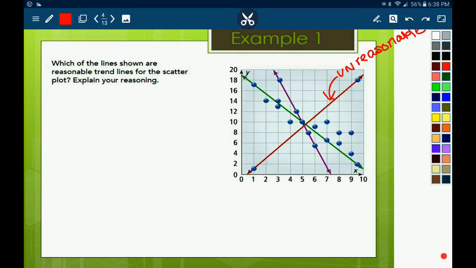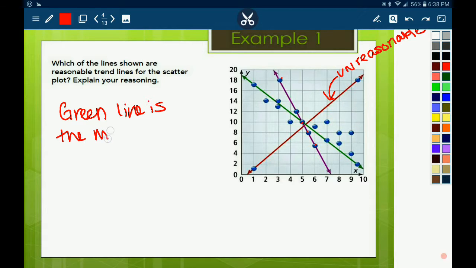So the purple line is not the best trend line. It does show a negative association. It does actually hit 1, 2, 3, 4, 5 of the points, but it's not following along the rest of the points as well.